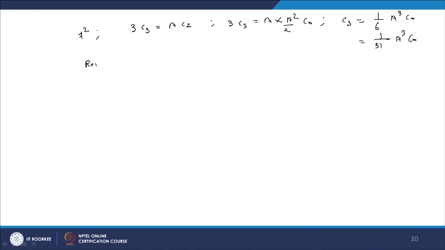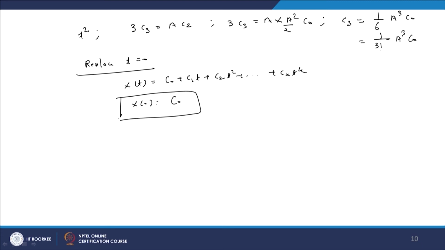Suppose if you replace t equals 0 in the equation of x of t, that is x of t equals C0 + C1 t + C2 t square plus up to Ck into t to the k, you will get x of 0 equal to C naught.